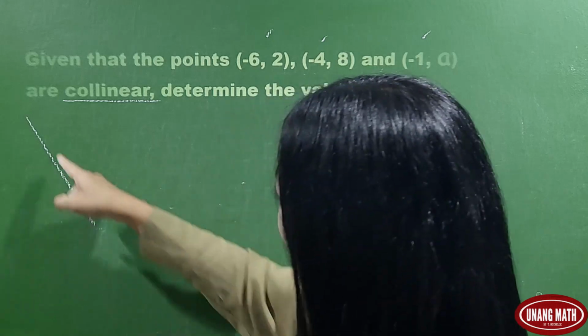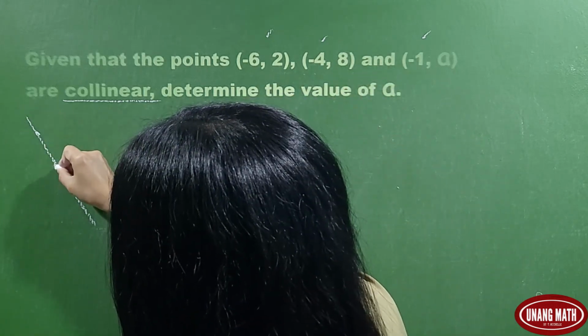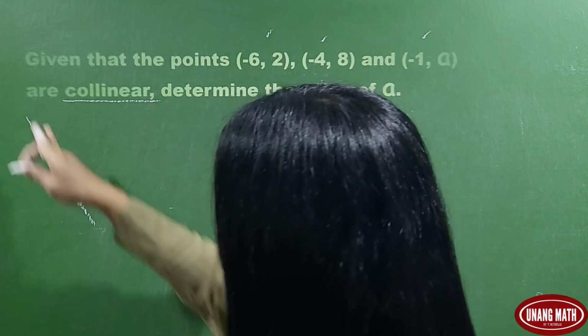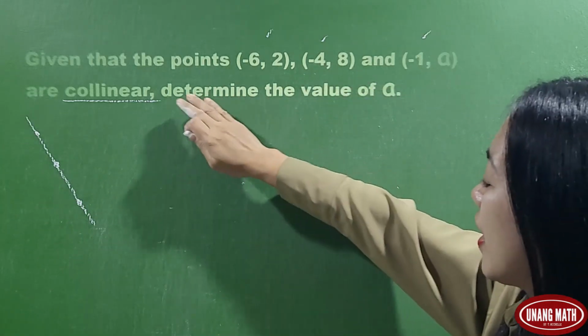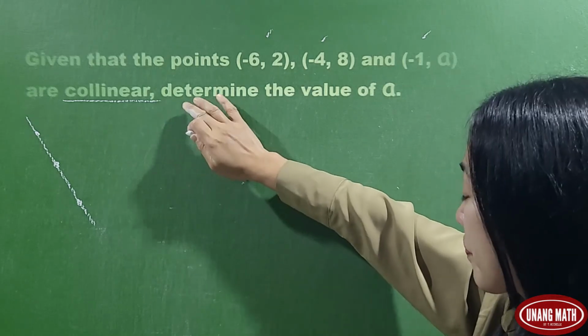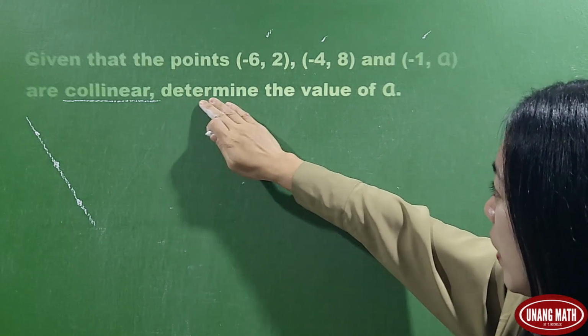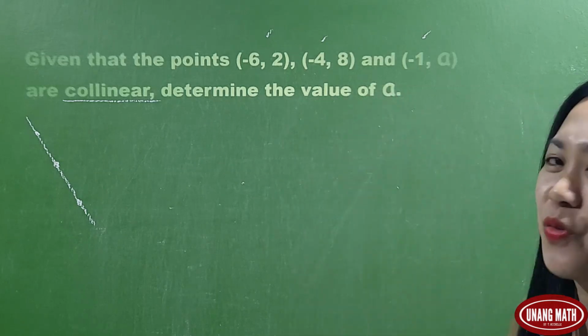So if this is the line or if this is the graph, these 3 points lie in that same line. Okay, the thing that we need to do is determine the value of a.